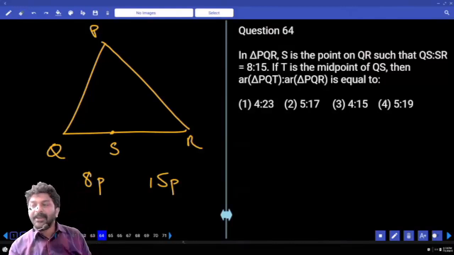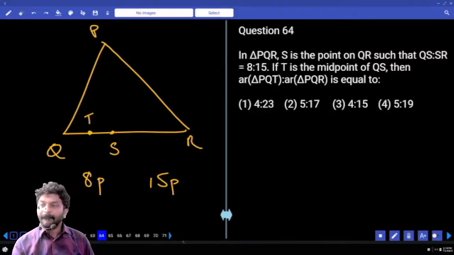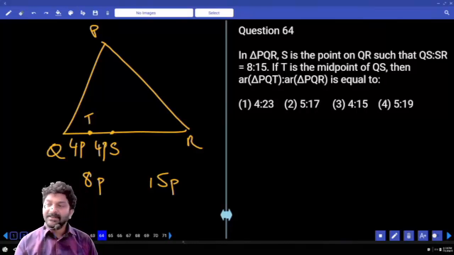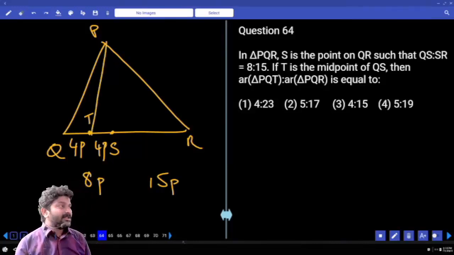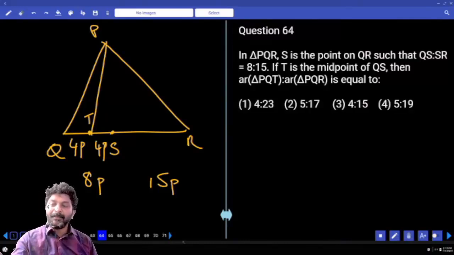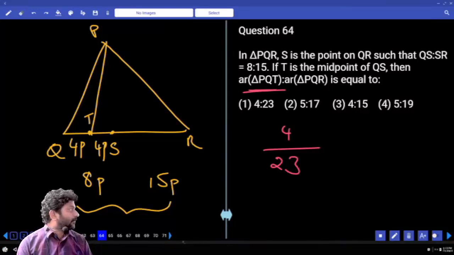If T is the point on QS, which is a midpoint, that means QT 4 parts, TS 4 parts. Area of the triangle PQT and then PQR. So area ratio is going to be the base ratio only. Base for PQT is 4, and for PQR 8 plus 15, that is 23. 4:23.